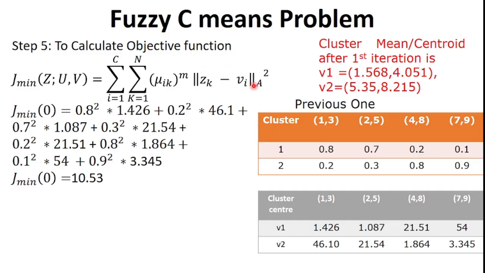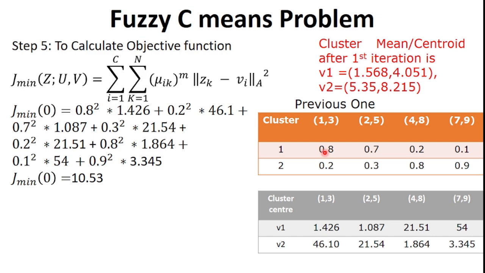This square term gets over, still A is there, right? Okay, we can do that. So the J min objective function is equal to, where this 0.8 square comes from here, the previous iteration. We are going with the previous one to find the objective function of the old membership value. Then only we can check whether the new membership value's objective function is increasing or decreasing.